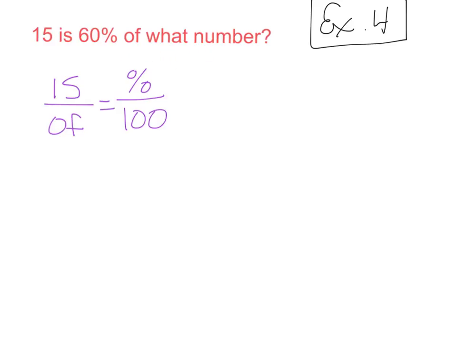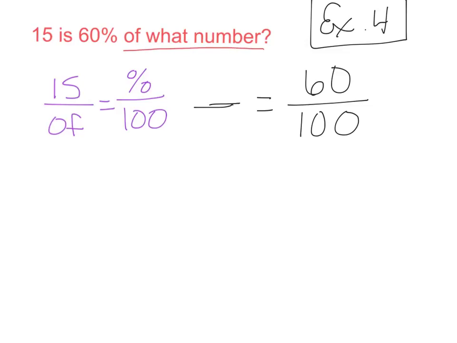So let's go ahead and set this up ahead of time. I know that my proportion is going to be a percent because it gave me 60%. So 100 is my denominator, and 60 out of 100 represents 60%. Then I have my "of what number?"